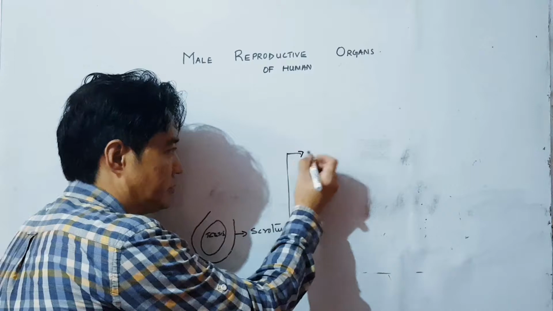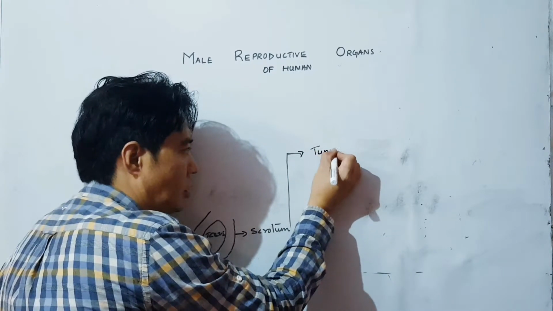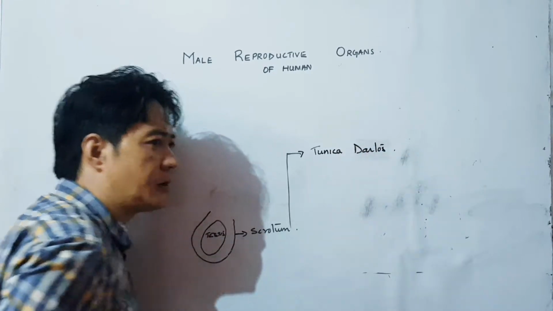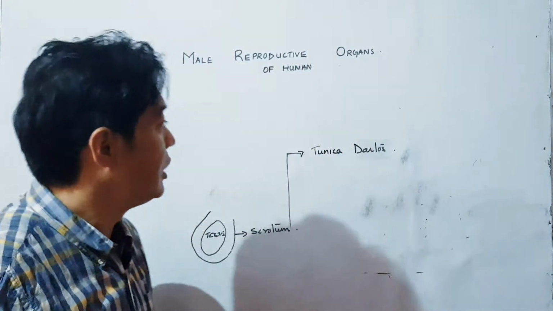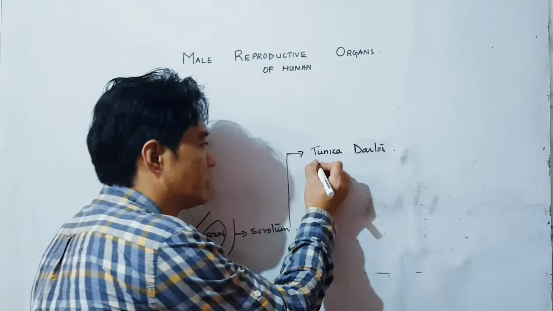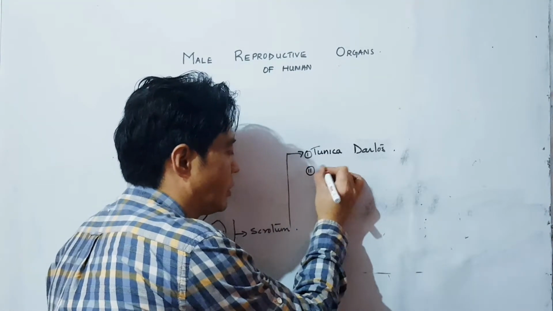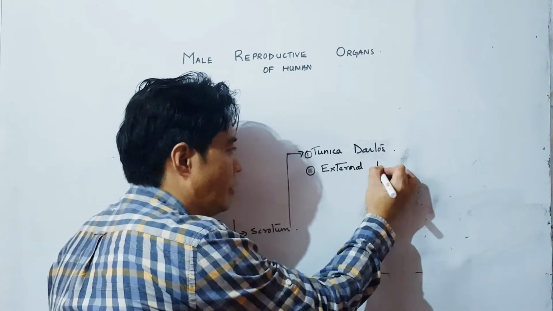Number 1, tunica dartos. This is the muscular part of scrotum, or you can say the outer pigmented layer of scrotum, tunica dartos. Number 2, external fascia.